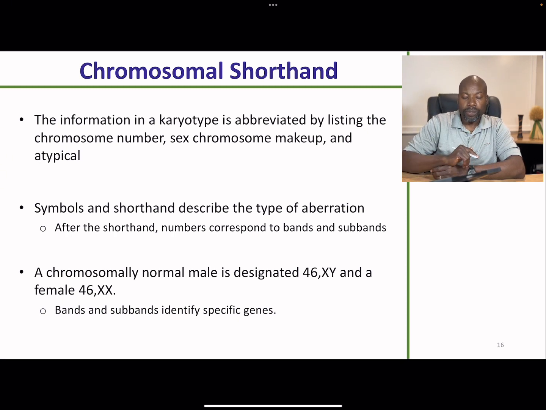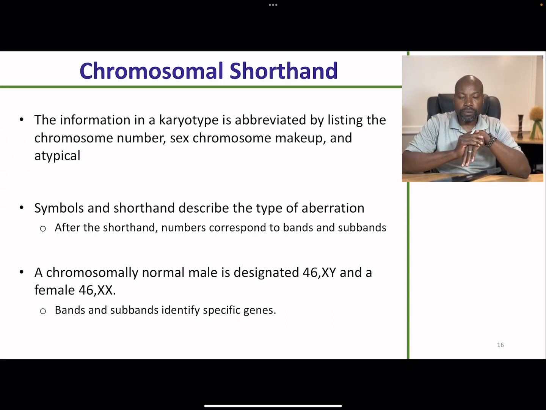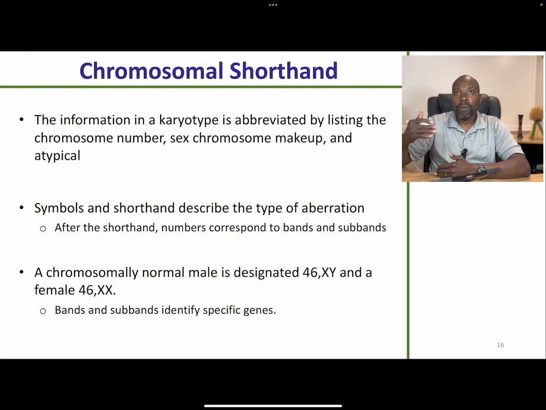So, other aspects: when we look at the structure of chromosomes using karyotypes, we are going to be able to tell which part of the chromosome is a long arm, which one is a short arm, which arm carries a particular gene, right?